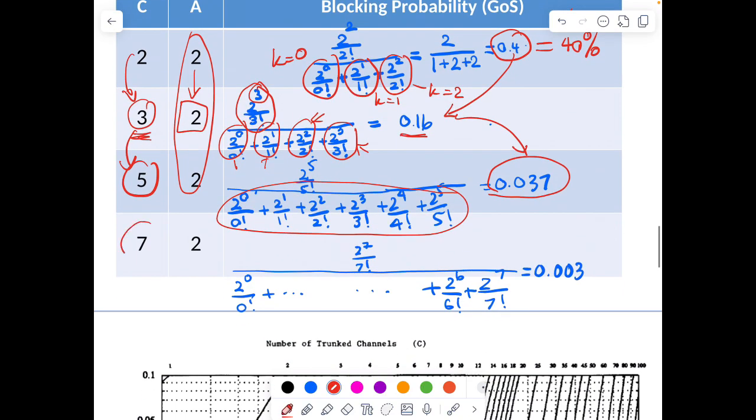If c is equal to 7, and A is still 2, the blocking probability decreases to only 0.3%. So that means if there are more resources, more channels, and traffic intensity stays the same, the likelihood that you get blocked will be getting smaller and smaller.